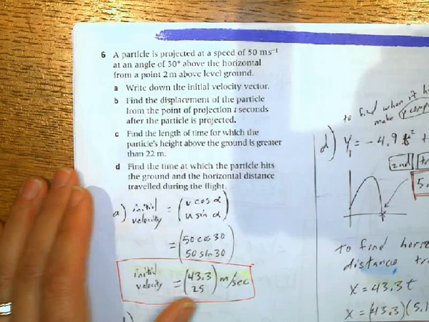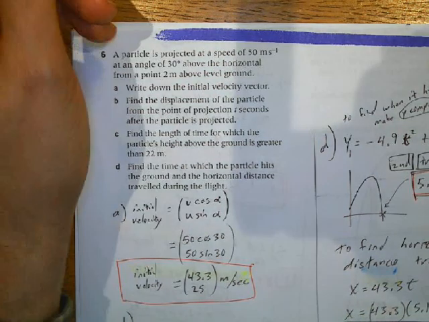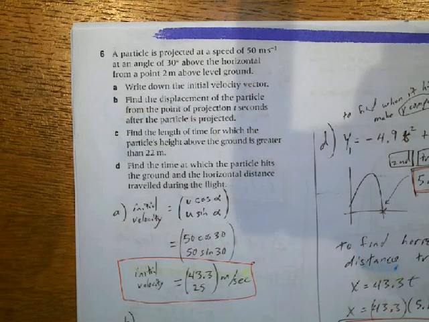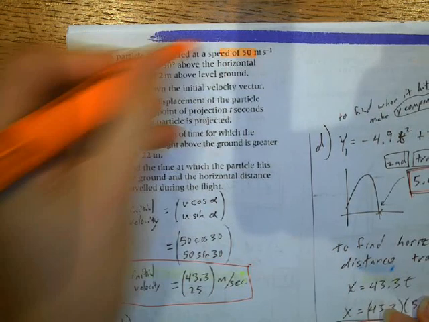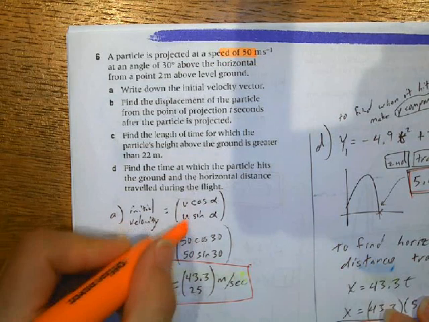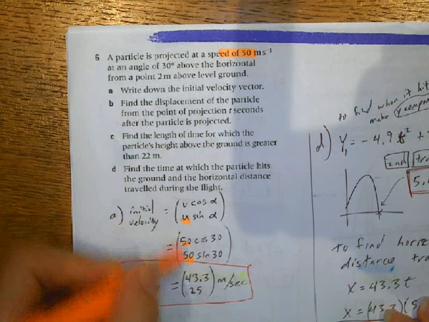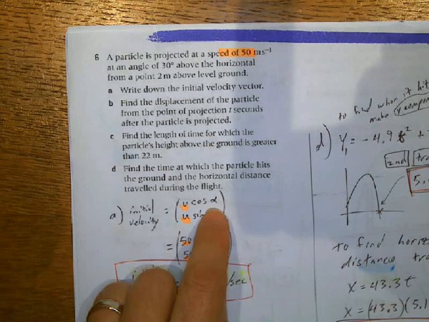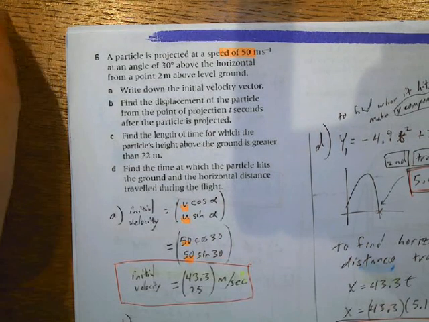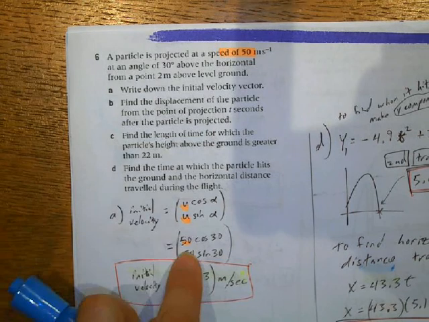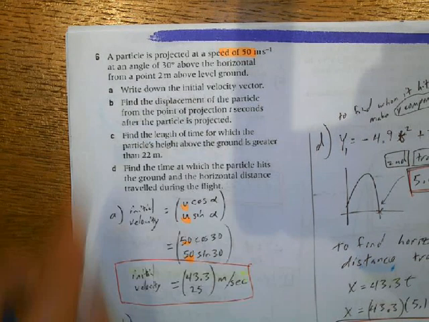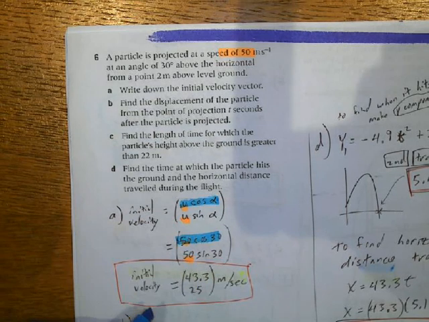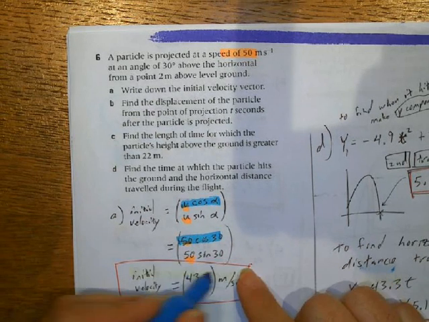Okay. Last question. The particle is projected at a speed of 50 meters per second. So I'm going to replace u with 50, right? And we have an angle of 30, so I'm going to replace alpha with 30. So write down the initial velocity vector. I'm going to multiply 50 times cosine 30, and I get this value.